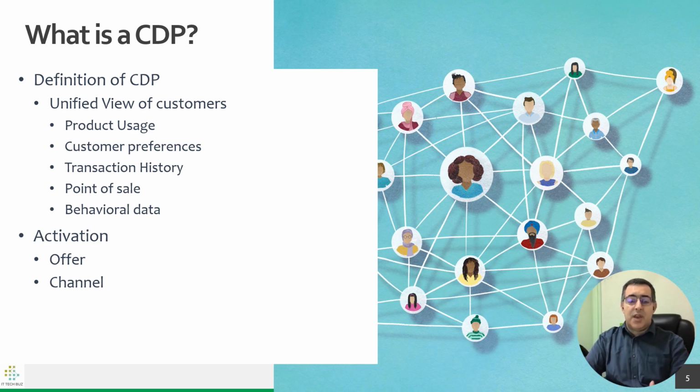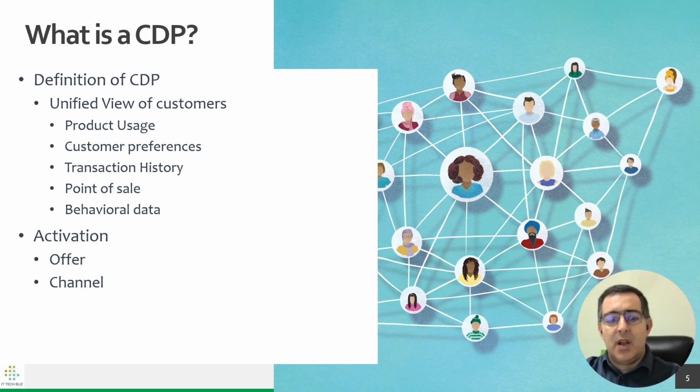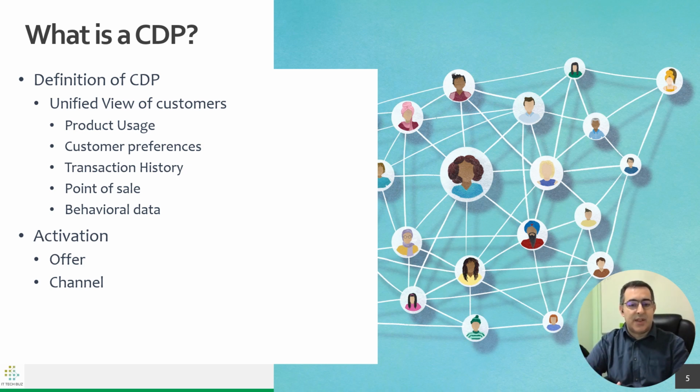On the other hand, what I see as very, very useful in the CDP is the activation, or how I can activate to know which channel, which products I can offer my customer. Because as a marketer, I'm required to know my customers' preferences. This is very important. This is our task as marketers.